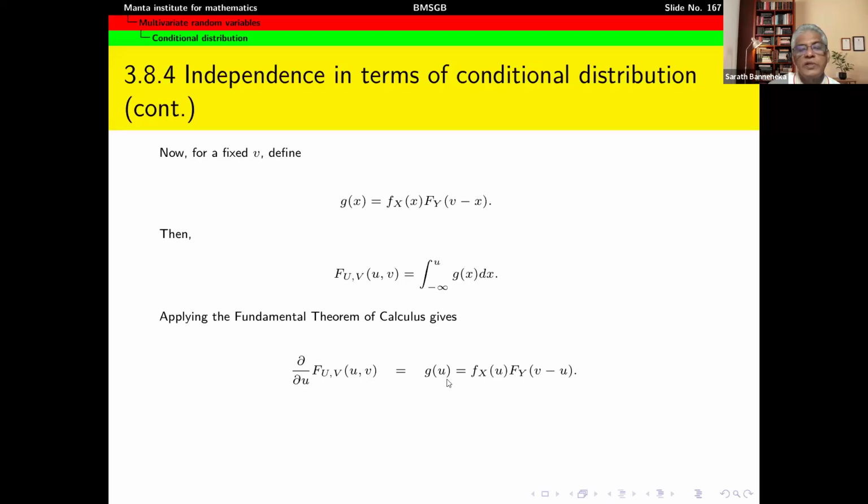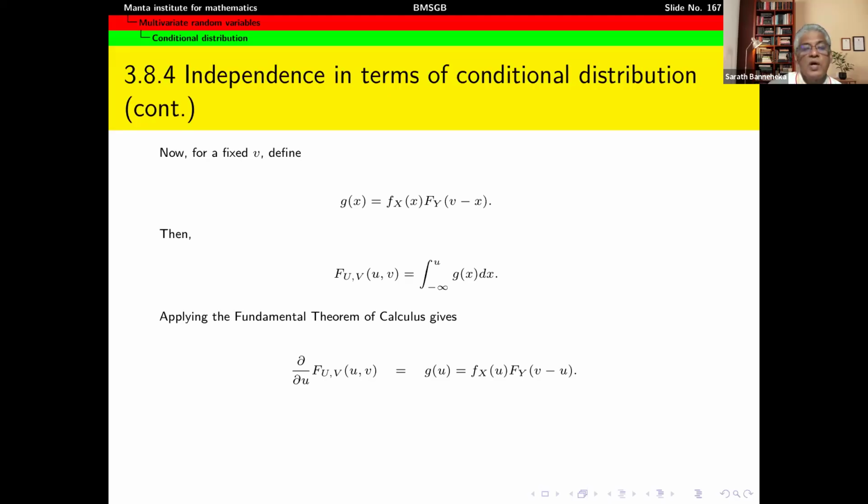But what is g evaluated at u? That will be obtained by replacing x in this expression by u. So that will be f_X(u) and then the cumulative distribution function at v − u. Right. Now we will consider this as a function of v by keeping u fixed.